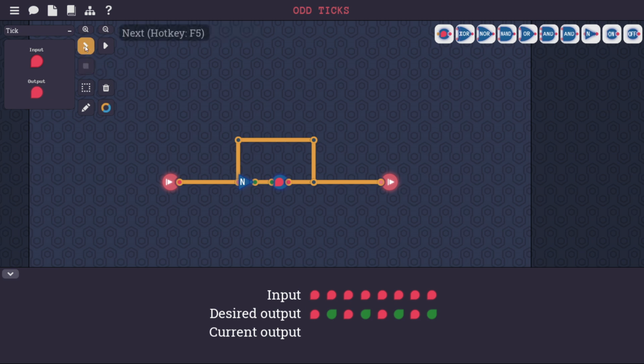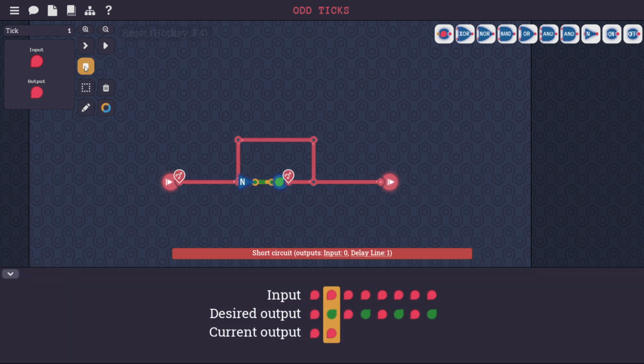Our first tick, we have the signal held by this, so the next tick should influence this and turn this on. But the problem is that since this is not on, it's going to cause an issue.